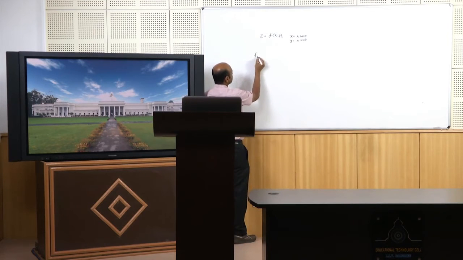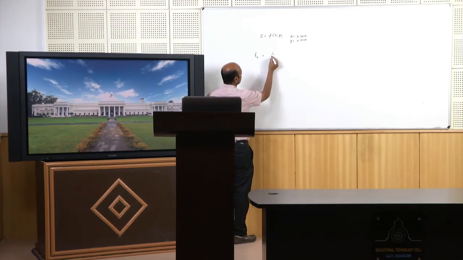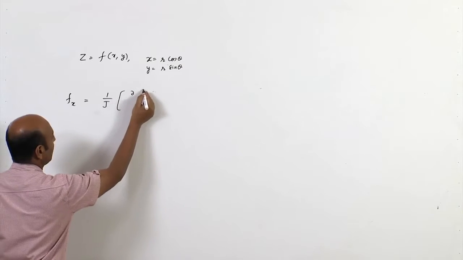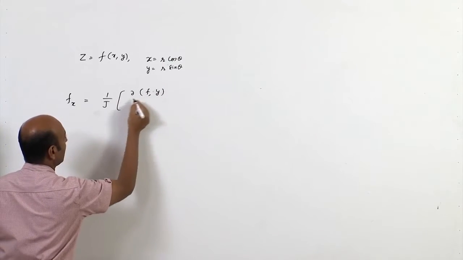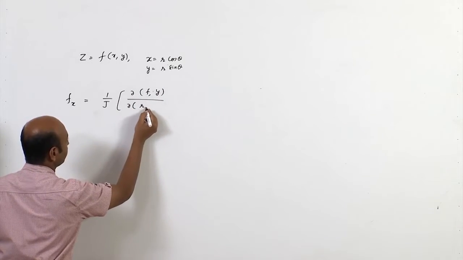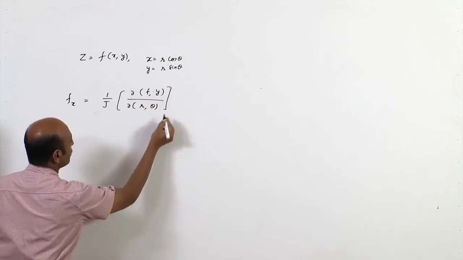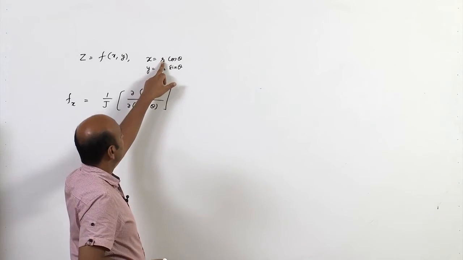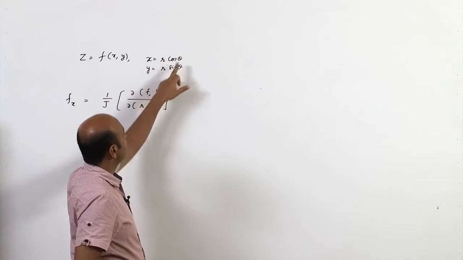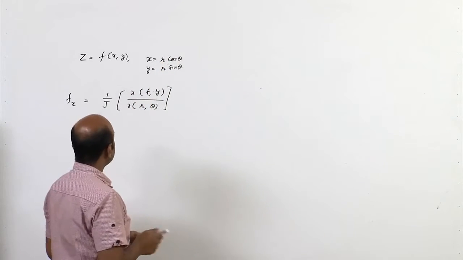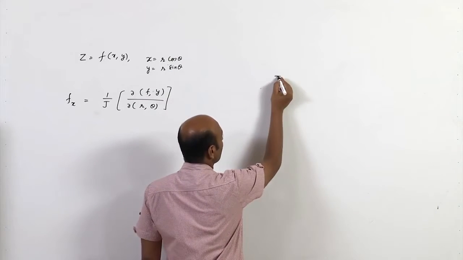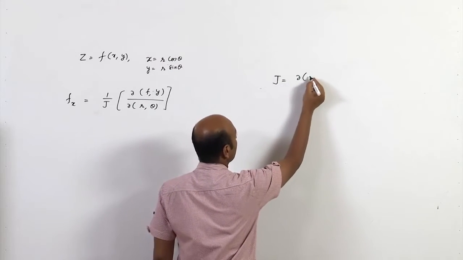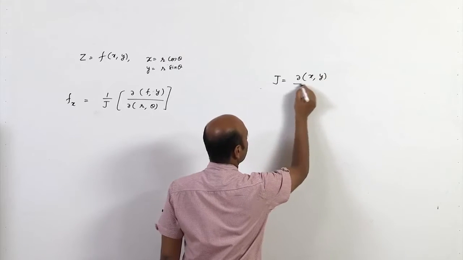So, fx, as we already know, is 1 upon j times del of fy upon del of r theta, because instead of u and v, here we are having r and theta, u is r and v is theta. Okay. So, first let us compute j, the Jacobian, which is del of xy upon del of r theta.